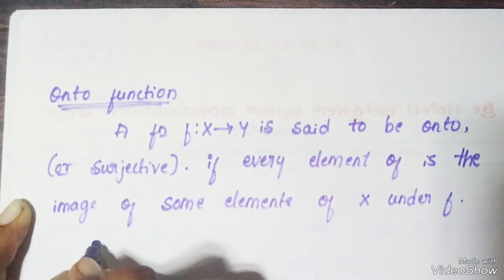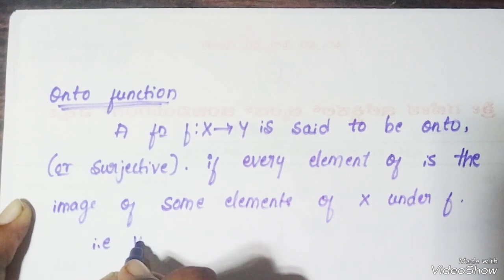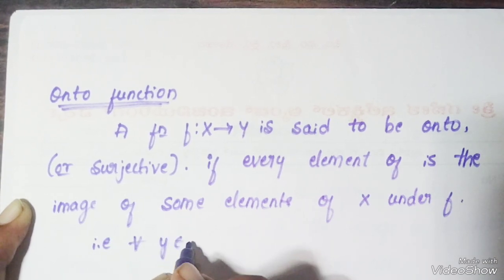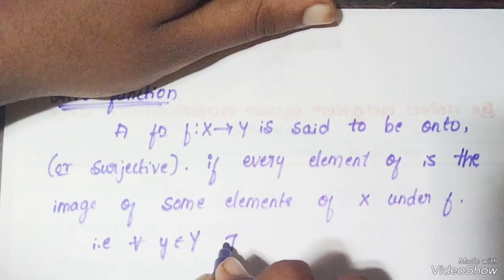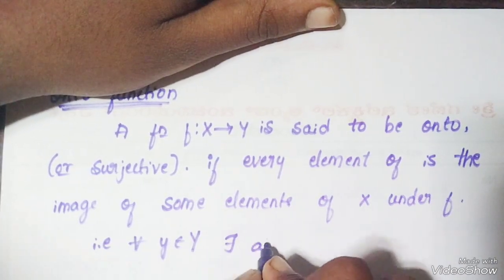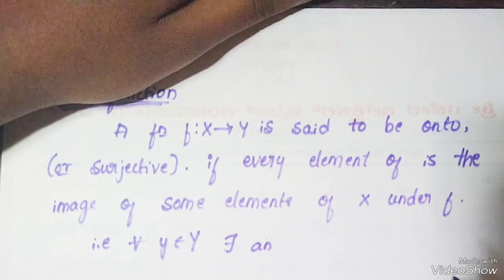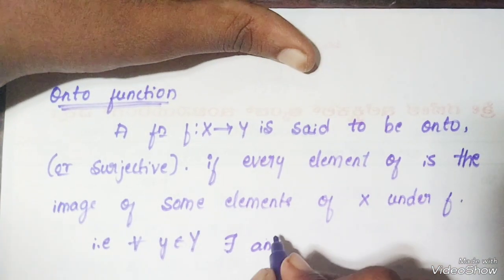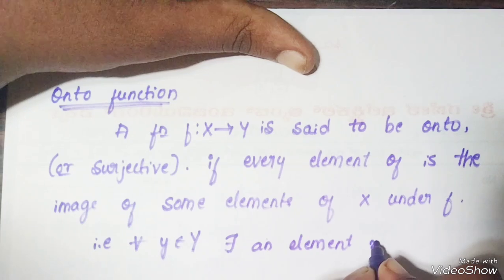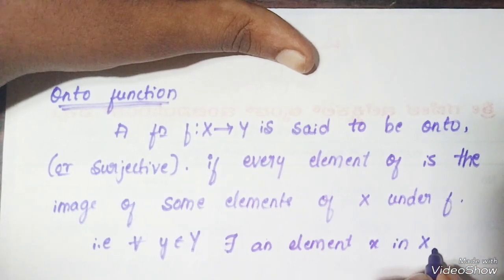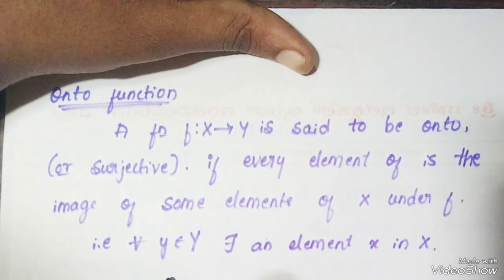That is, for every y belonging to set Y, there exists an element x in set X such that f(x) = y.